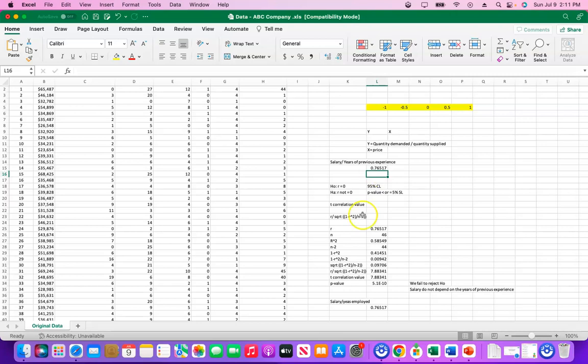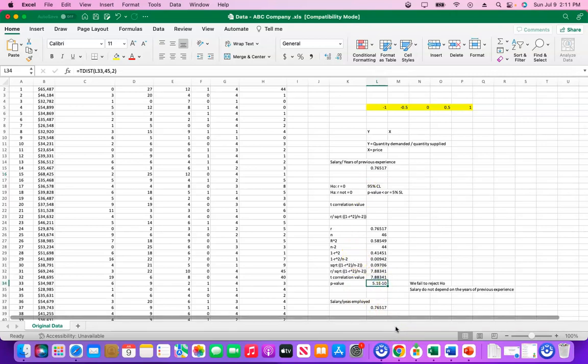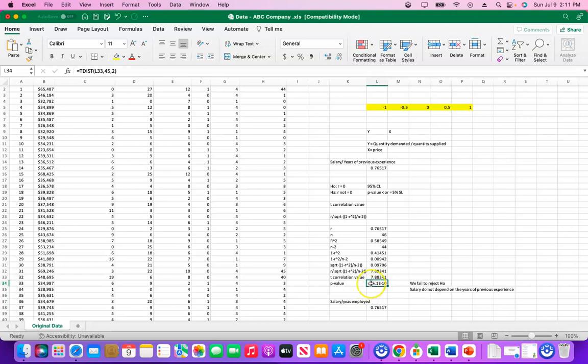If you enter, you will see that this probability value is pretty small. You can see we have an exponential value, meaning that we're going to have 10 zeros and 1. So in other words, the probability is actually 0.